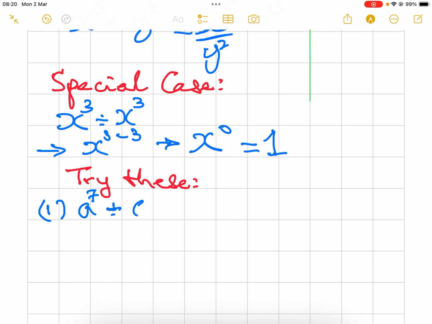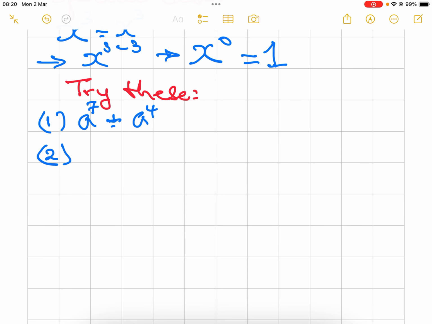Number 1, a raised to power 7 divided by a raised to power 4. And number 2, b raised to power 9 divided by b raised to power 3.